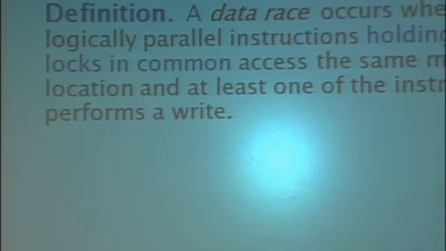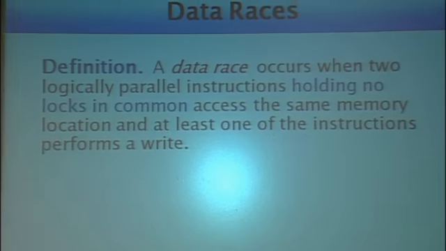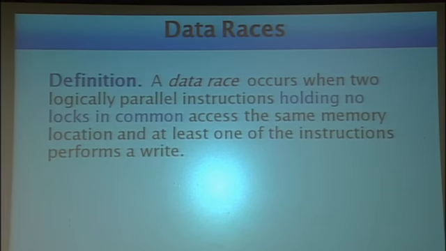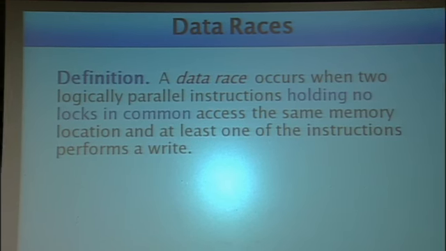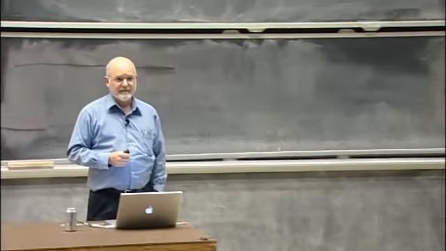Now, there's another type of race, and in fact, you'll hear more about this type of race in the literature than about determinacy races. A data race occurs when you have two logically parallel instructions holding no locks in common, and they access the same location and at least one of the instructions performs a write.